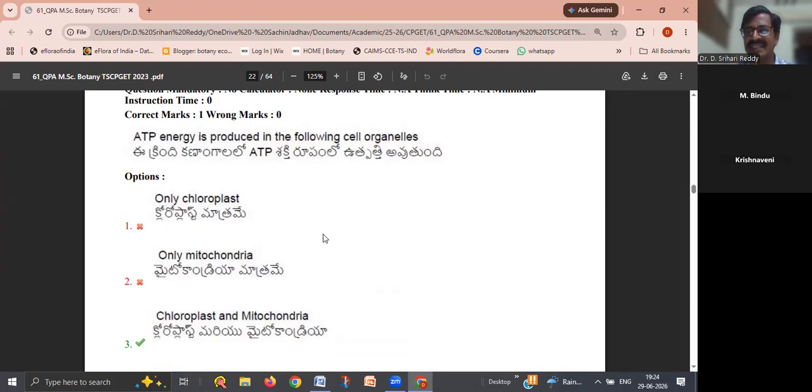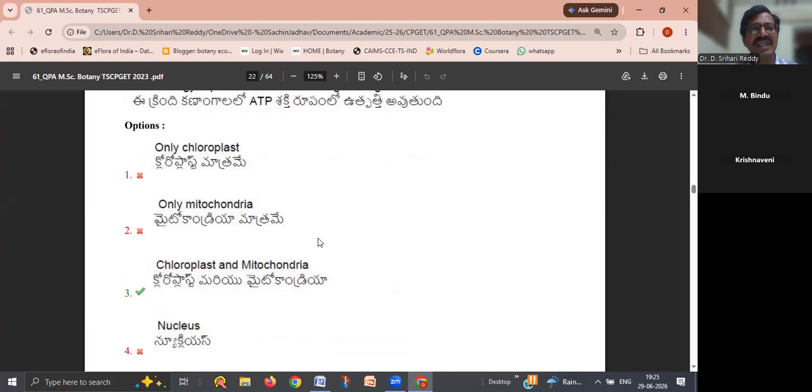That means ATP is synthesized during the electron transport, and the energy is produced due to the oxidation of NADH or FADH2. Due to the oxidation of these molecules, the energy released is used to synthesize ATP. So it is called oxidative phosphorylation, which occurs in mitochondria.